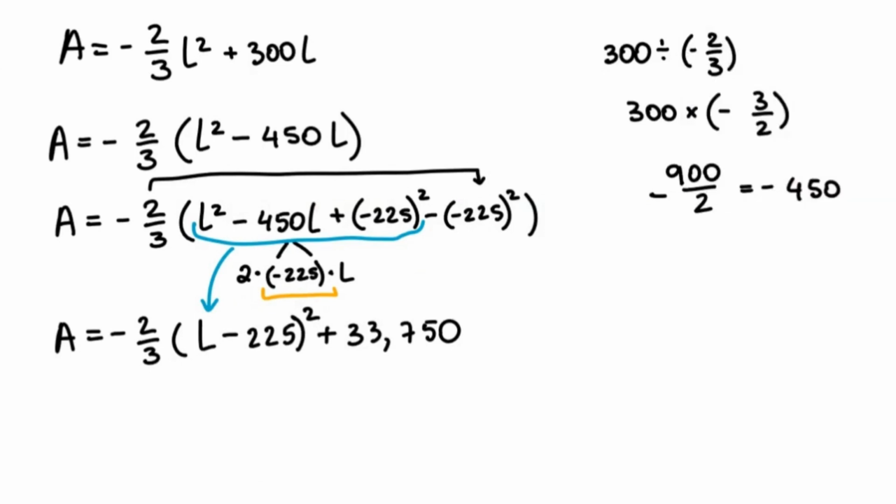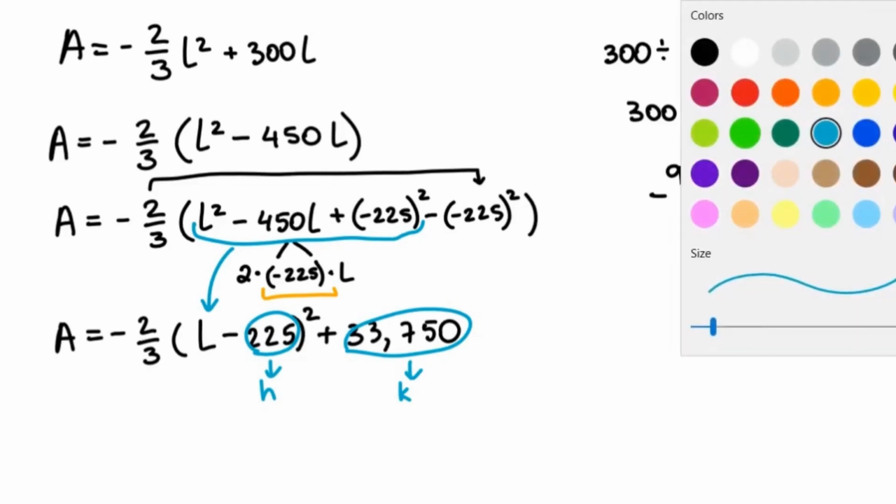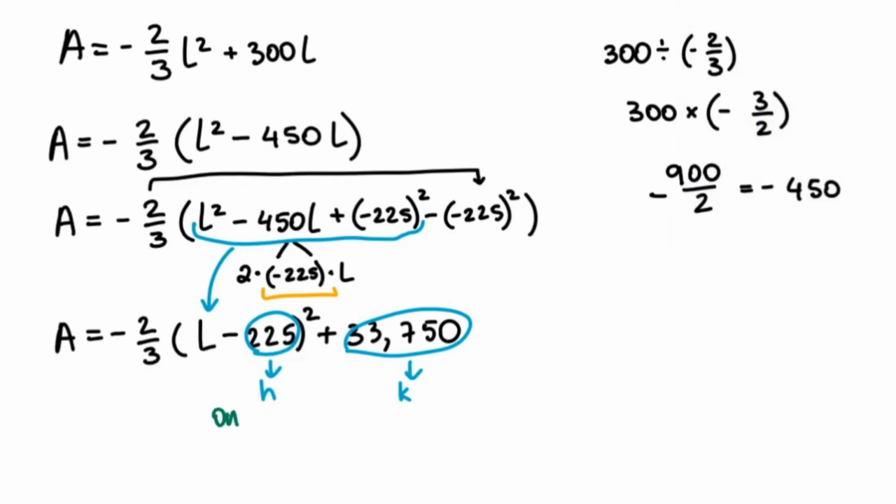All right, let's label it. 225 in the bracket will be our H, and 33,750 will be our K. H represents one of the dimensions, and K represents the maximum area that we can get with that dimension and the other dimension that we can determine.